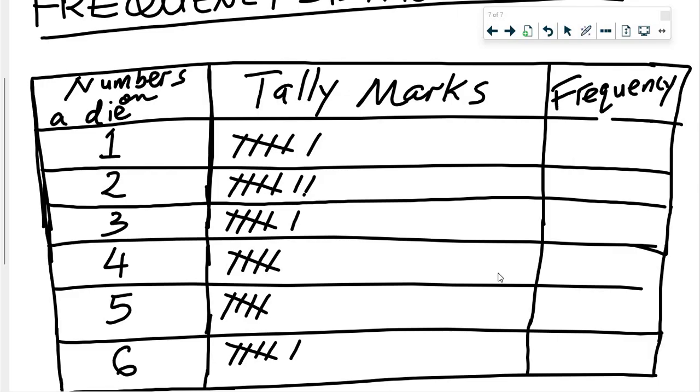Now, how do we get the frequency? Count the tallies. Here we have 5, 6. Here we have 5, 7. Here we have 5, 6. Here we have 5. Here we have again 5. Here we have 5, 6.